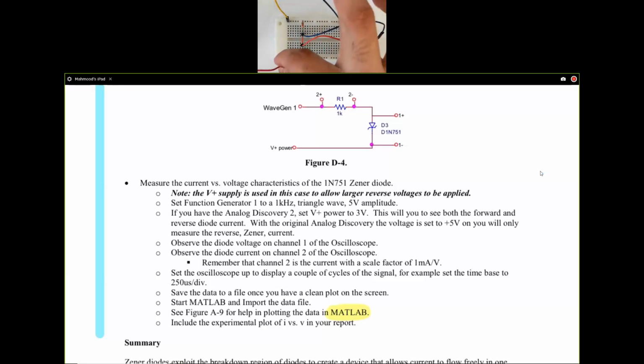And then what I have is two blue wires here that are measuring the voltage across the resistor R1, and I have two orange wires here that are measuring the voltage across the Zener diode. So the circuit is relatively very simple. You guys have looked at a lot more complex circuitry, so this should be relatively straightforward for you.